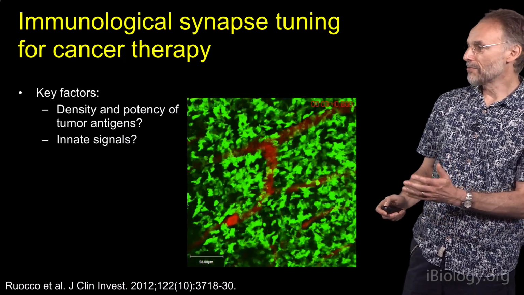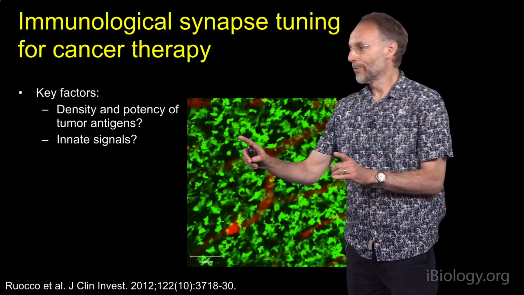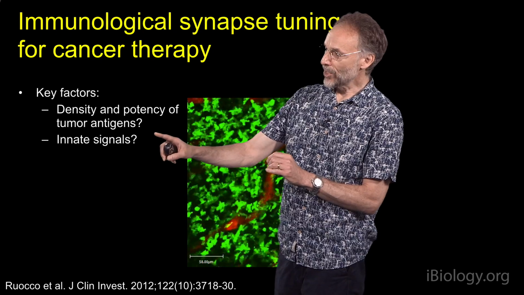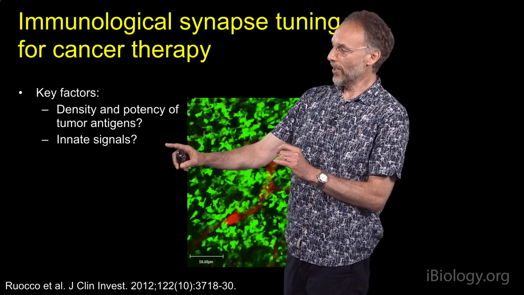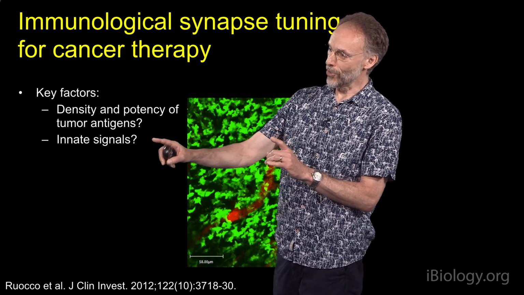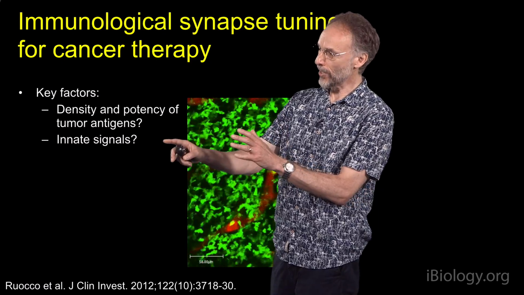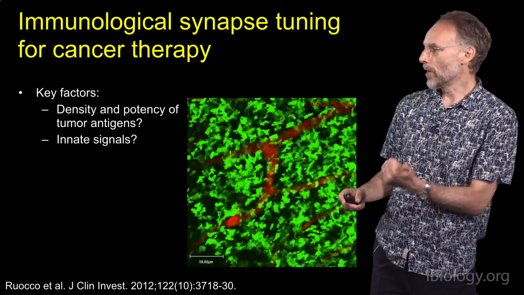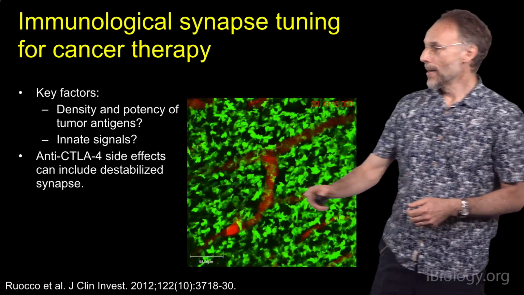So there are a number of factors that will basically be controlling this. But I think one of the key things that we're coming back to is that the radiation therapy is basically triggering an innate injury response. It's upregulating NKG2D ligands on the tumor cells, and this is allowing the immune system to get back on target in the presence of the therapy with anti-CTLA-4 to eradicate or at least significantly slow down the growth of the tumor.